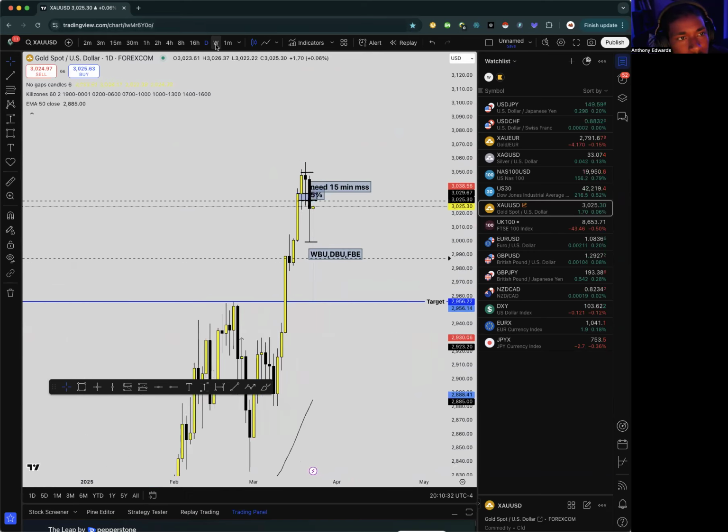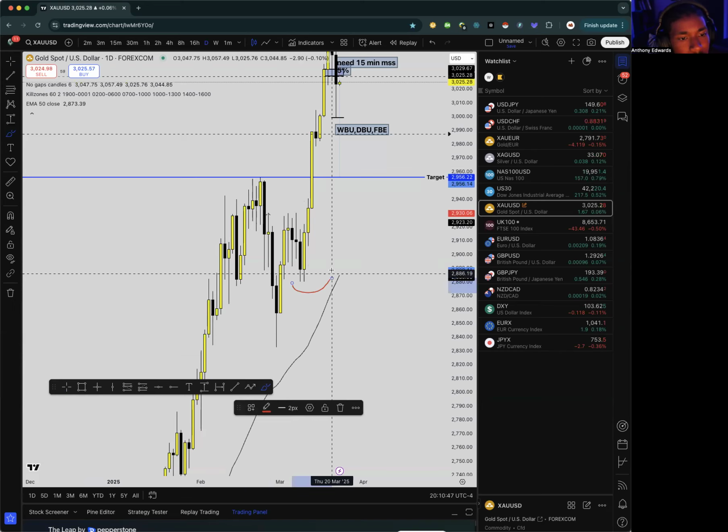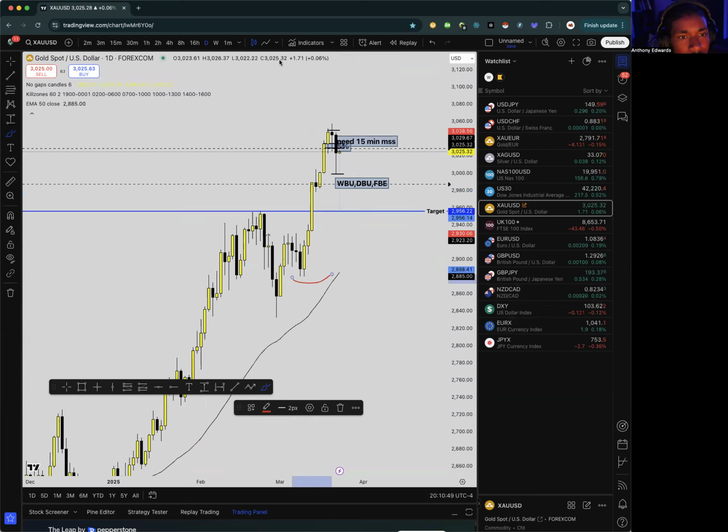Gold is bullish weekly, daily's bullish. I'd probably say here's the daily low. Yeah, that's the daily low.